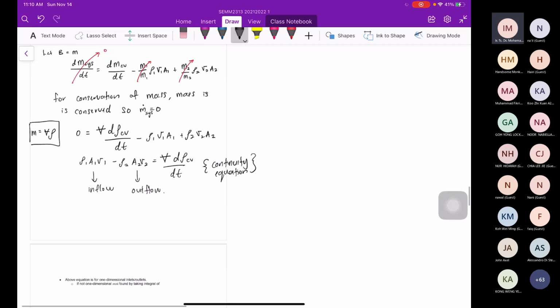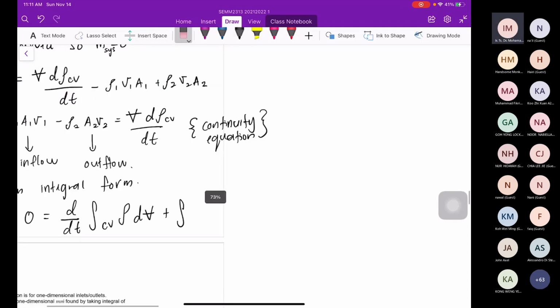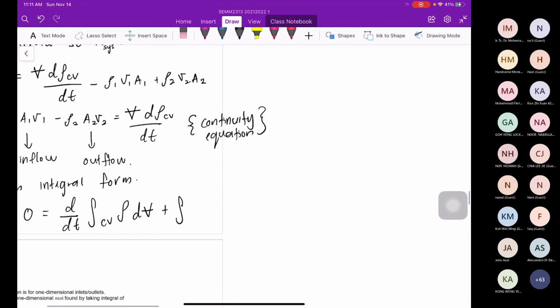So we can write it in integral form: 0 equals the change in time of the control volume integral of rho dV plus the control surface integral of rho V dot n dA.